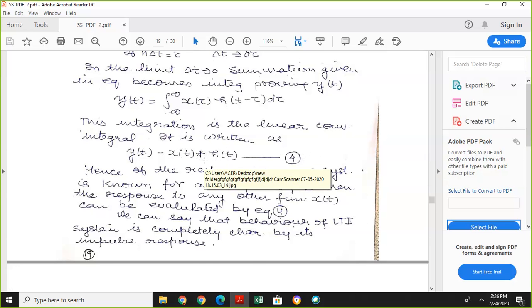So we can easily say that the behavior of an LTI system is completely characterized by its impulse response.